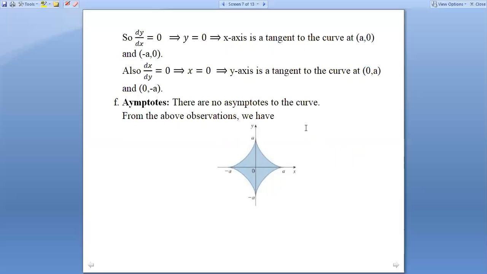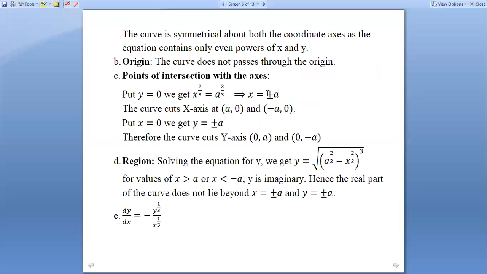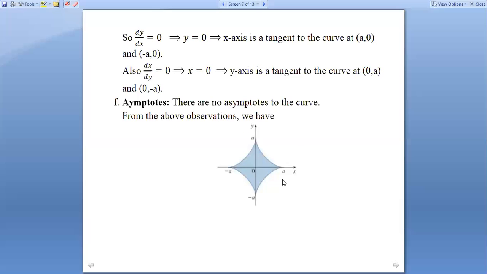There are no asymptotes to the curve because it is bounded between a and minus a. Since the curve does not go to infinity, we don't have asymptotes. We find asymptotes for a curve only when the curve approaches infinity.